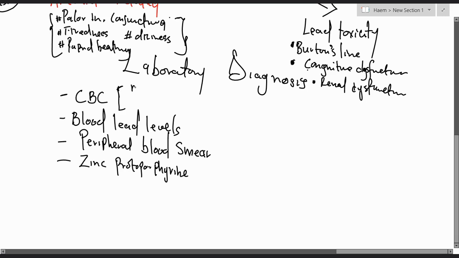So we are looking to see low MCV, low MCH, low hemoglobin as well, and low RBCs as well. Then we are also looking to see anisocytosis and then poikilocytosis.